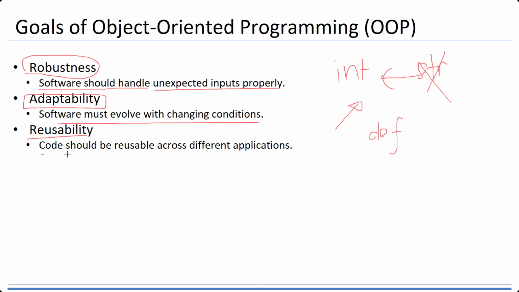So the code should be reusable across different applications. Once you have your code, you can use it in Windows, in Mac, and sometimes in your Android phone, and so on. So you need to look at the code that is reusable.